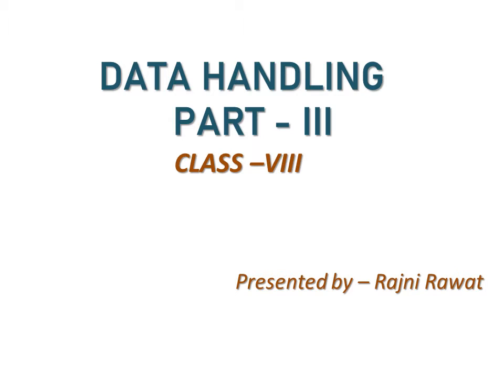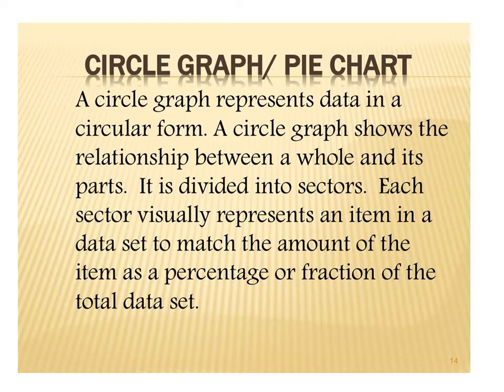Today we will discuss data handling with some new topics. In this topic, we will discuss the circle graph or pie chart. A circle graph represents data in a circular form.